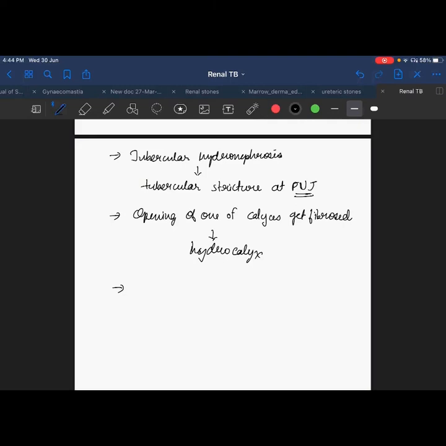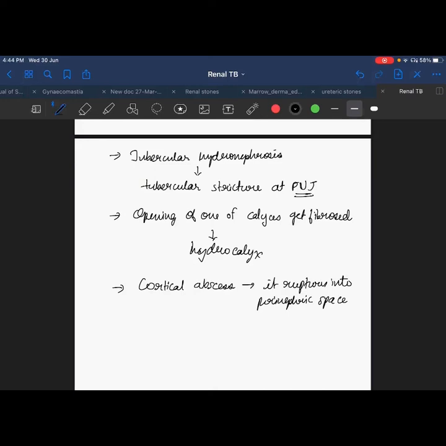Next, there is something known as cortical abscess formation in the cortex, and this abscess ruptures into the perinephric space.